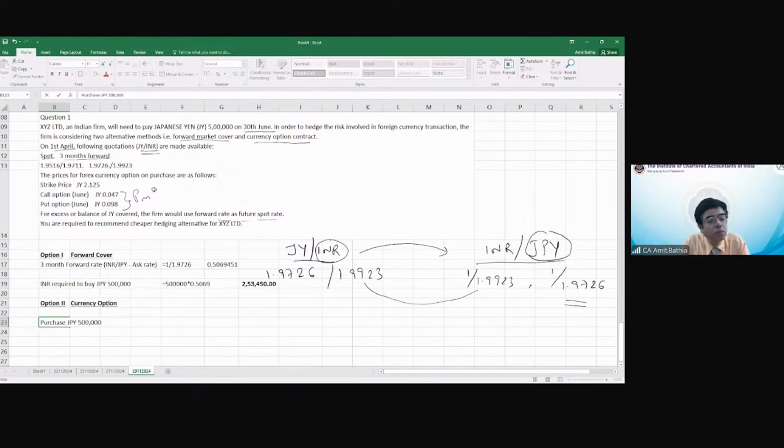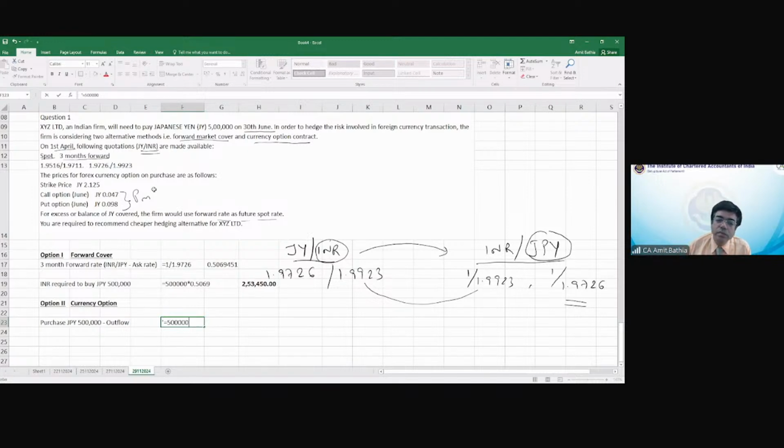First of all, how much money will be required? Yes, outflow will be required will be how much? 500,000 should be multiplied or divided? Divide. Divide by what?